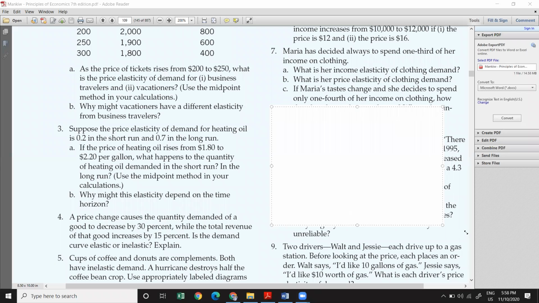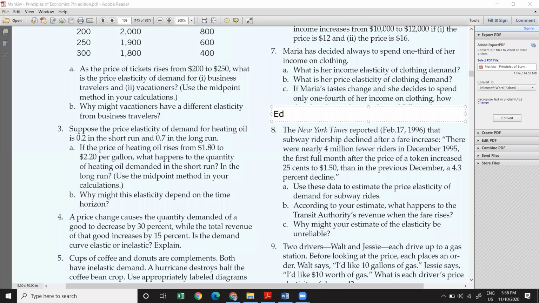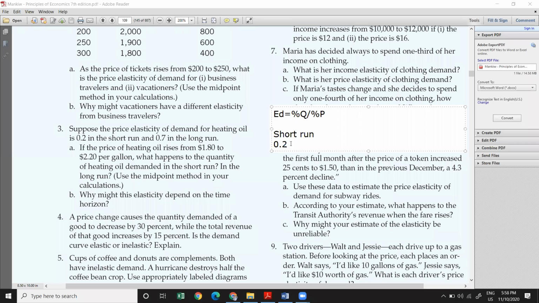So what you need to do here: elasticity of demand is the percentage change in quantity divided by the percentage change in price. Okay, this is the formula we know. We said that the price elasticity is 0.2 in the short run, which is equal to the percentage change in quantity, which is not known.